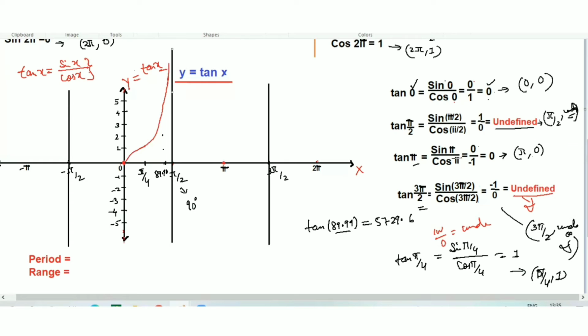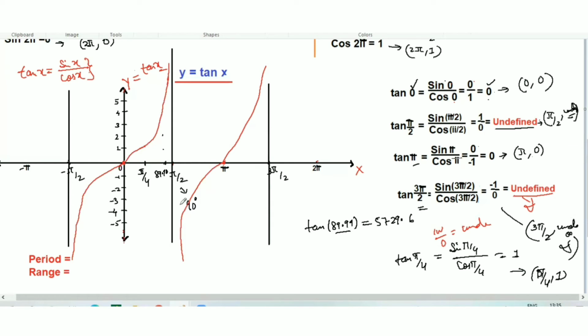It will go near that, but it will never touch. Same way, the graph will be like this here. Now, same way, when we draw the graph from here, it will be like this. And this way, the graph will be here.